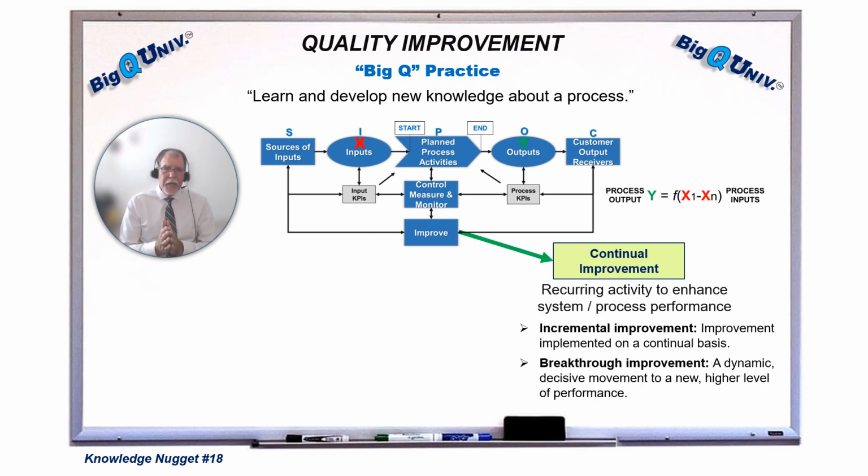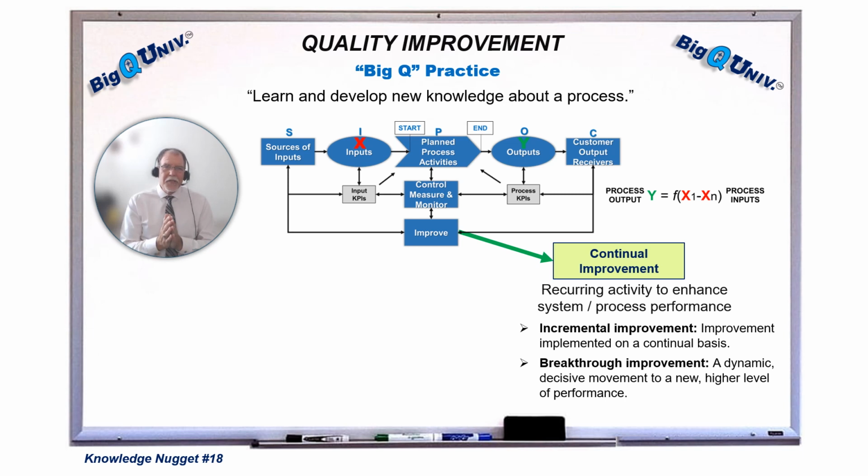Now let's take a look at the other form of quality improvement called continual improvement, the recurring activity to enhance system and process performance. And as we said earlier, there are two types of continual improvement. There is incremental improvement and there is breakthrough improvement. Continual improvement is very different than nonconformity corrective action.